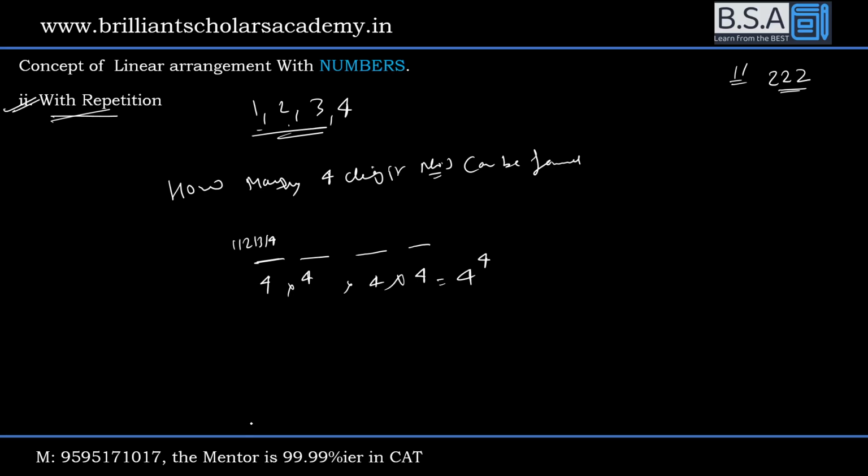How many 4-digit numbers can be formed with these 1, 2, 3, 4, 5, 6? So you don't have to tell me repetition wala. It is considered by default. Numbers में repetition is allowed by default. लिखा हो तो और अच्छी बात है. So first place can be occupied by any 6.